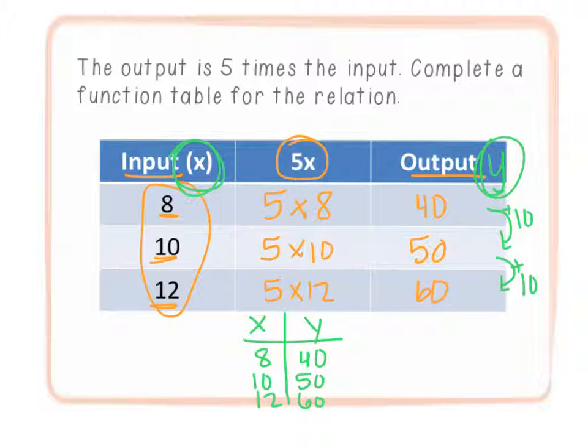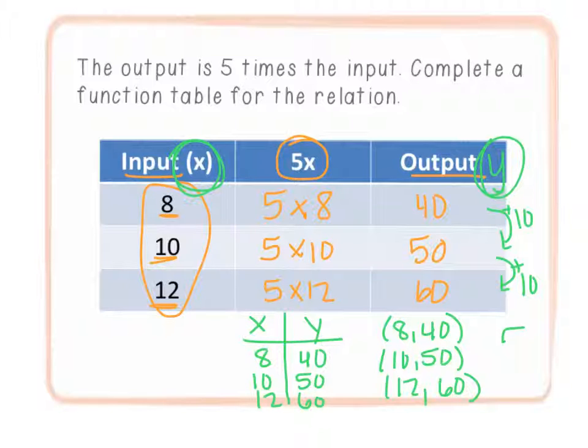So if I was to graph this, my points would be 8, 40. I'd walk over to 8 and up to 40, 10, 50, and then 12, 60. And then I would create that line and label it with the function rule of 5x. That would be the function rule.